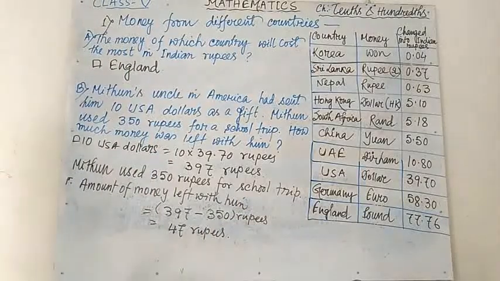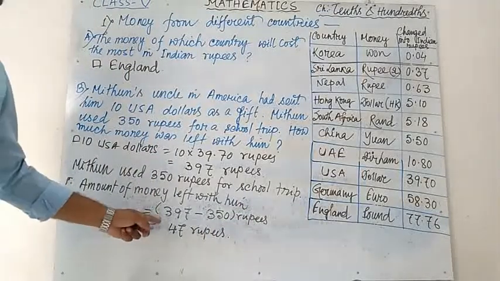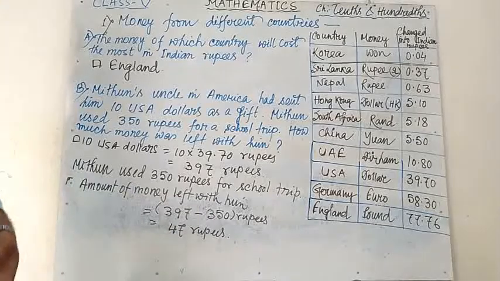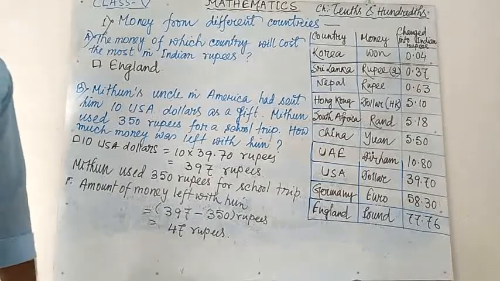So how much money is left with him? 397 minus 350, that is 47 rupees.